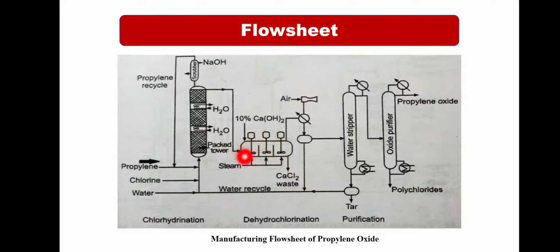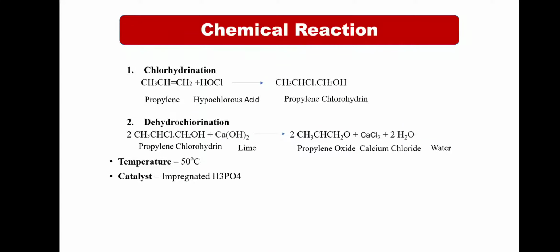And here the second reaction takes place, that means the dehydrochlorination reaction takes place. And the reaction is when the propylene chlorohydrin reacts with lime, then we get propylene oxide, calcium chloride and water.